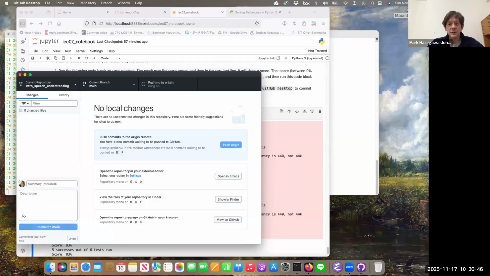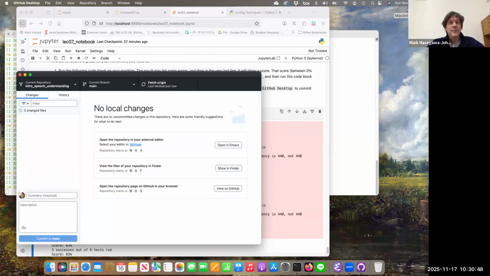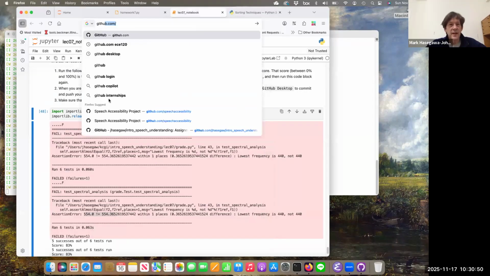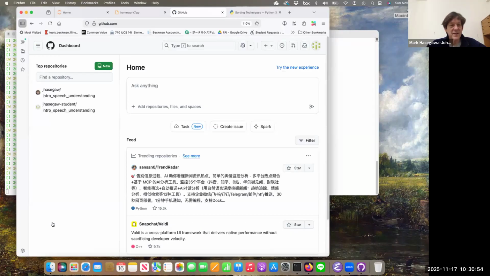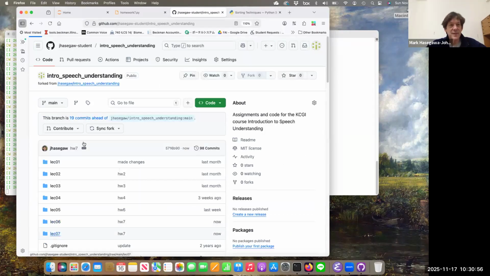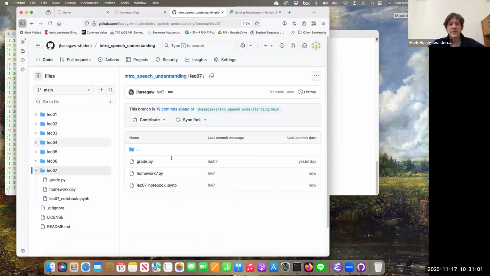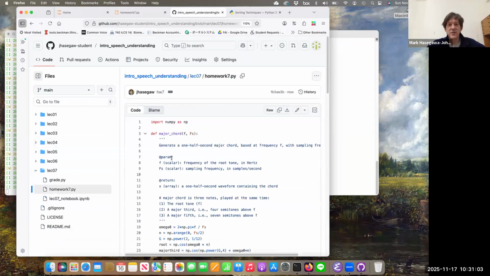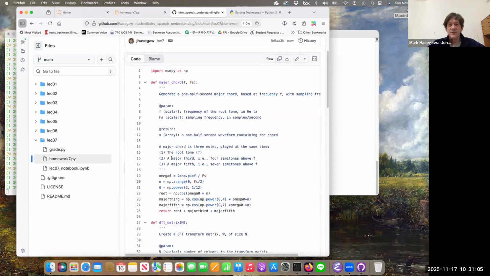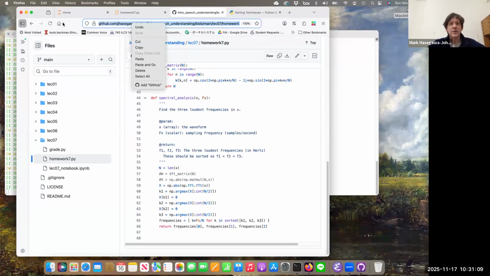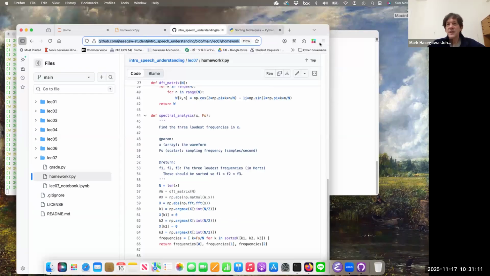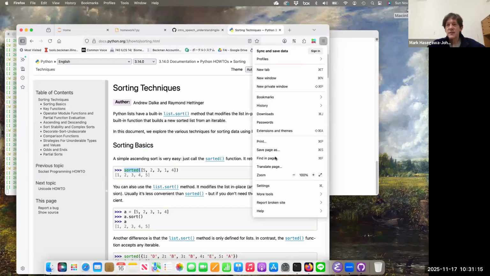Now let me go to GitHub and make sure that in my student code, homework 7 has the changes listed. And there, indeed, we have the changes listed for the major chord, for the DFT matrix, and for spectral analysis. So we can copy this and then go to the Canvas.